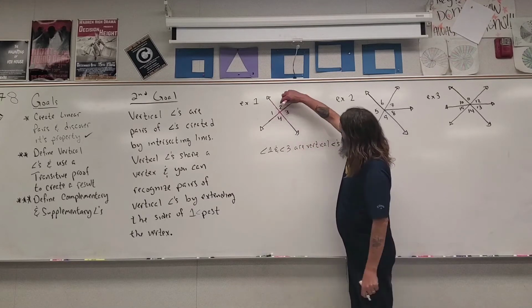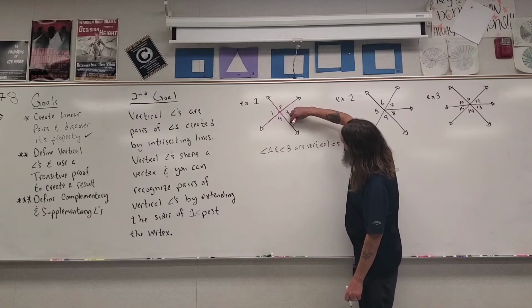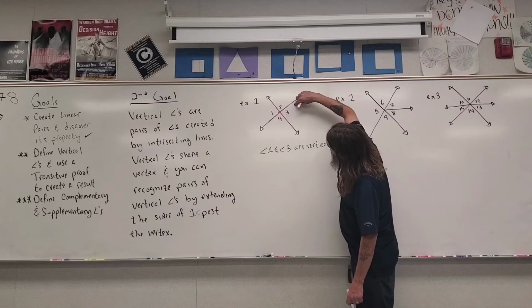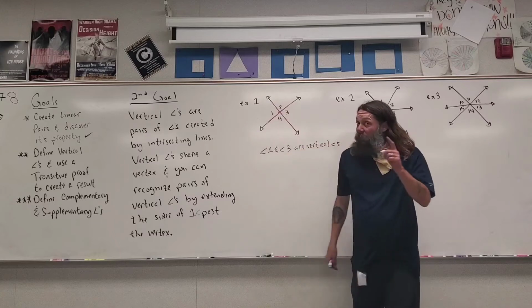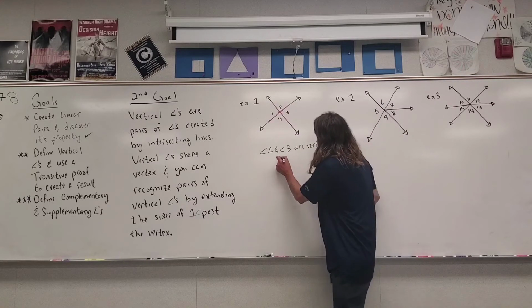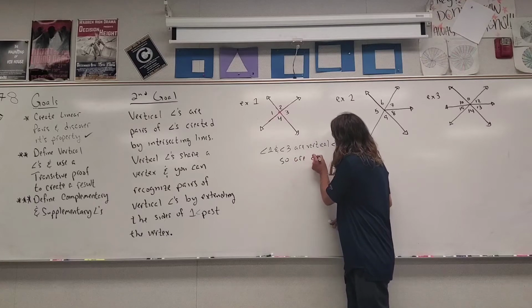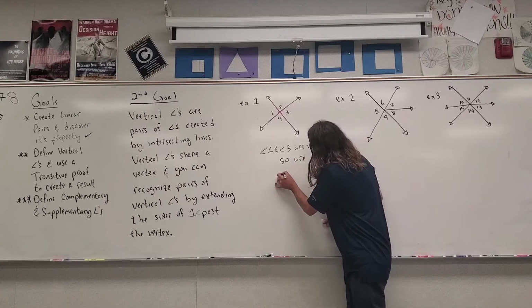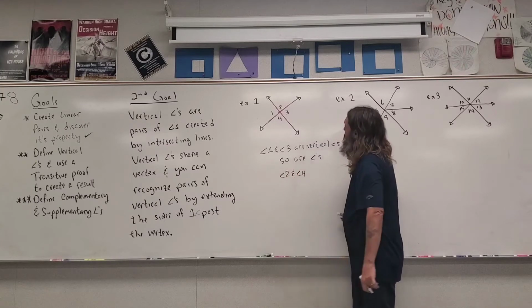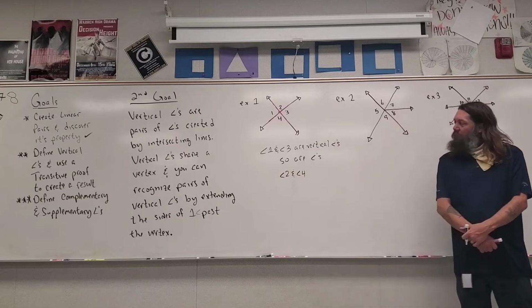Now, if I was to do the same with angle 2 and extend the side past the vertex and extend the other side past the vertex, we could also say so are angles 2 and angle 4. So in this example, there's 2 pairs of vertical angles.